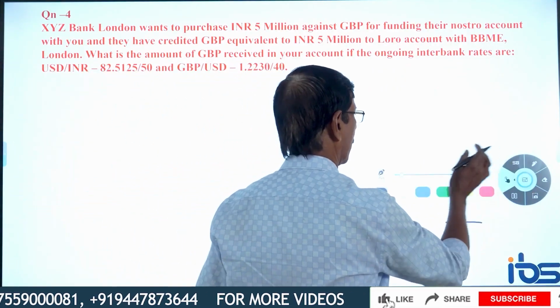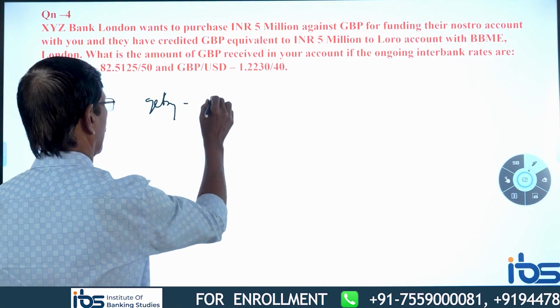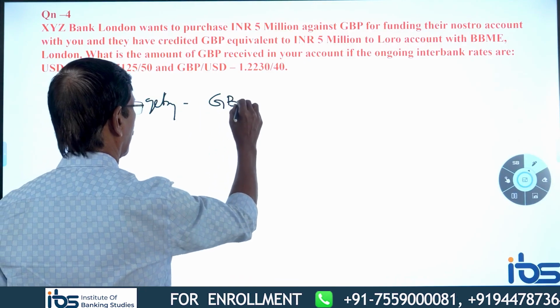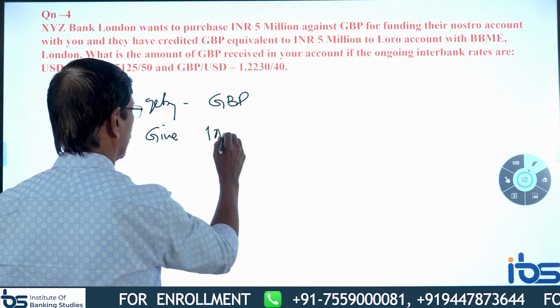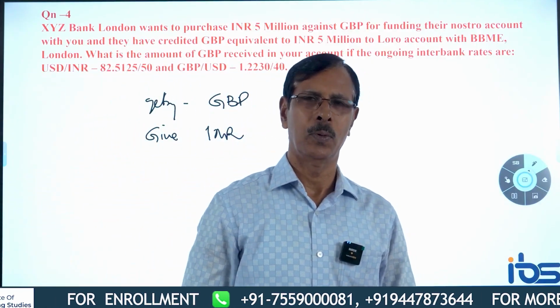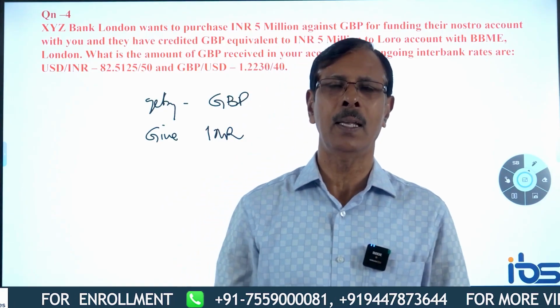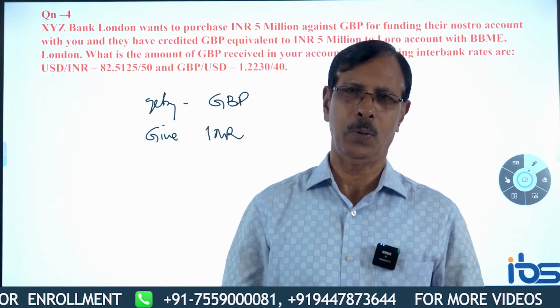You are receiving GBP, and you have to give Indian rupee. What is the transaction for you? When you receive foreign currency and you give Indian rupee, it is a buying transaction for you.